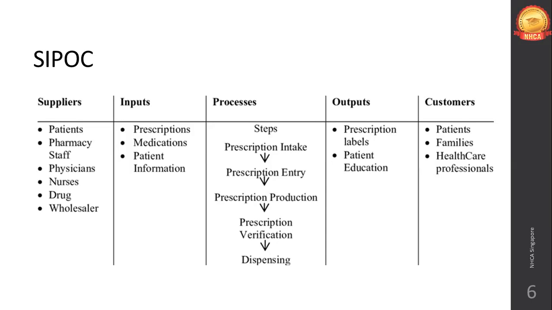That all comes under output. Customers are your patients, the first customers. Your own staff are also customers, internal customers. Patients, family, visitors, and students are all customers of a hospital. So this is how you generate a SIPOC chart. You should know who comes under which category in the SIPOC chart.